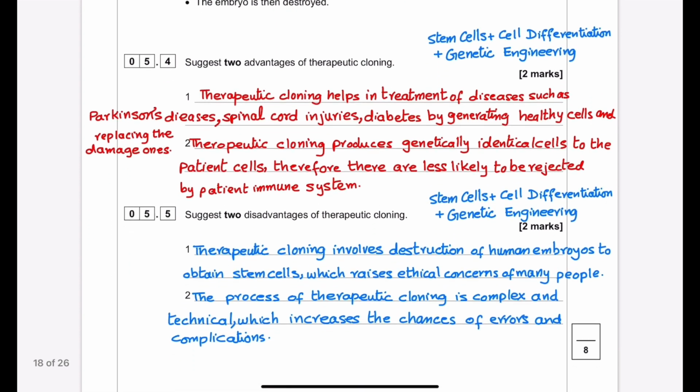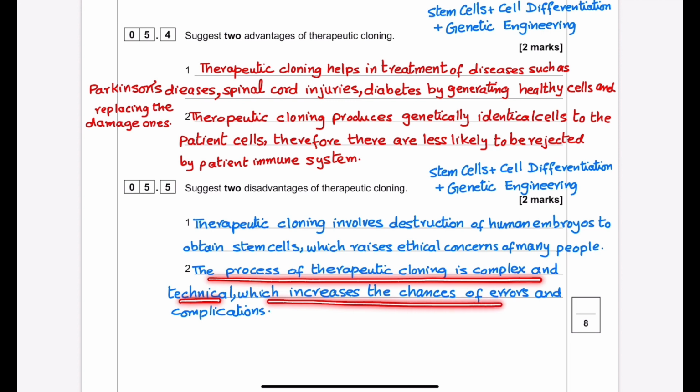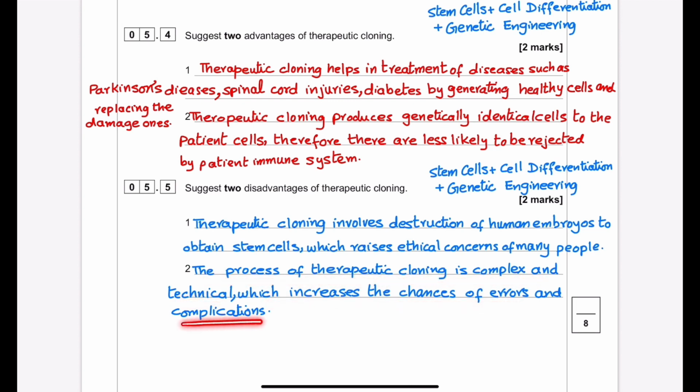So in our model answer, therapeutic cloning involves destruction of human embryos to obtain the stem cells, which raises the ethical concerns of many people, because as a result we are taking the life of an embryo. The process of therapeutic cloning is complex and technical, which increases the chances of errors and complications in the body.